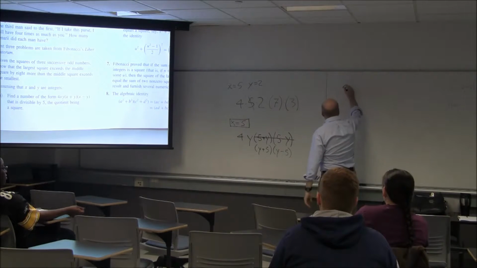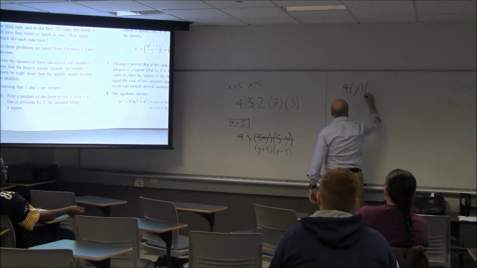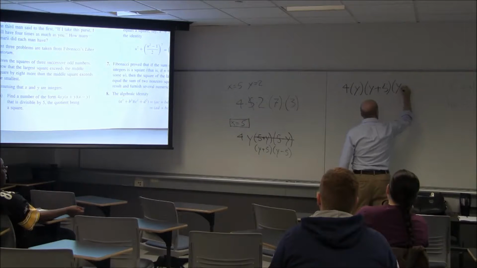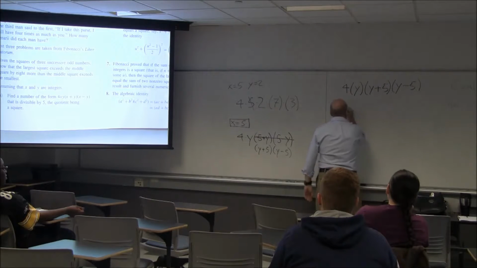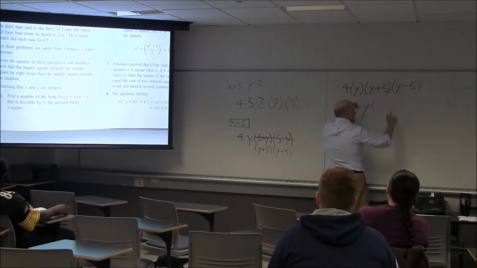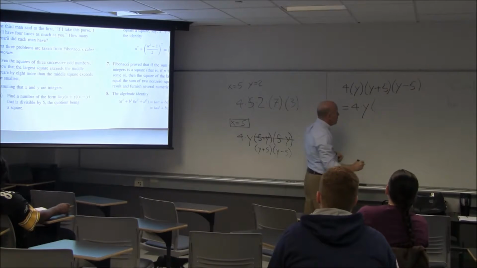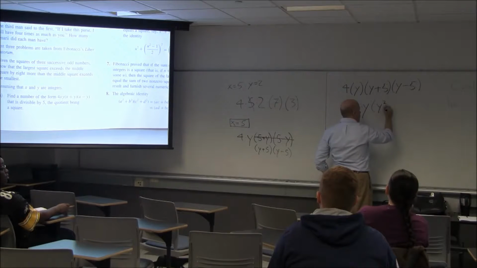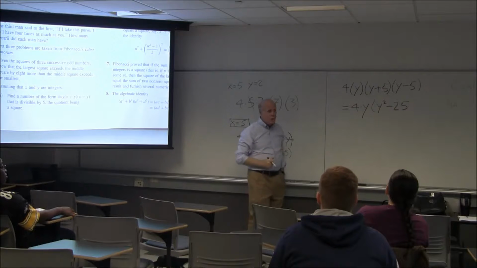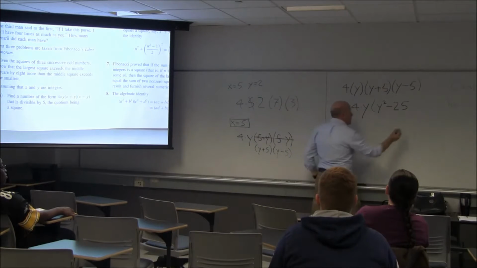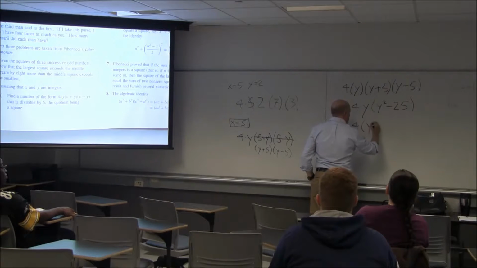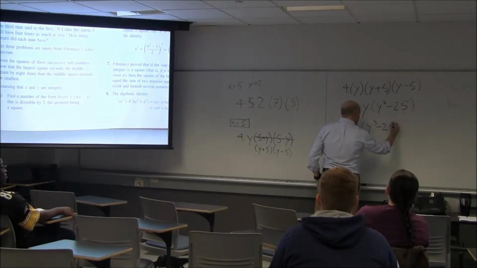So 4 times y plus 5 times y minus 5 is equal to 4 times y times that sum and difference of the same thing, which gives us y squared minus 25, right? Because the outer terms and inner terms cancel. And so finally we get 4 times y cubed minus 25y.